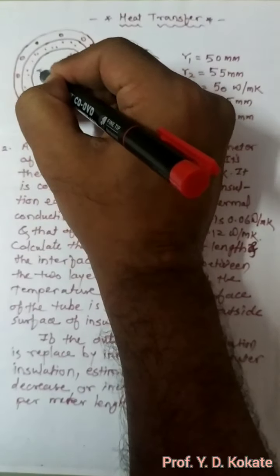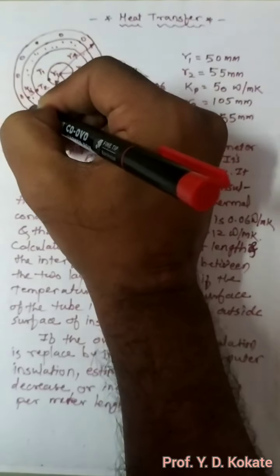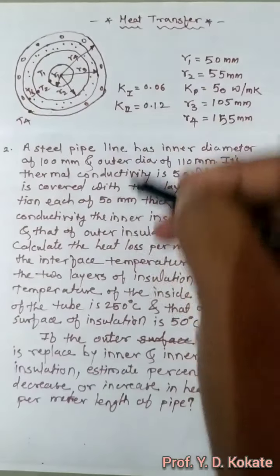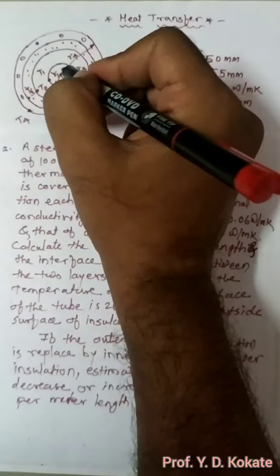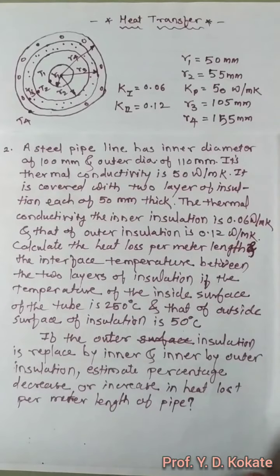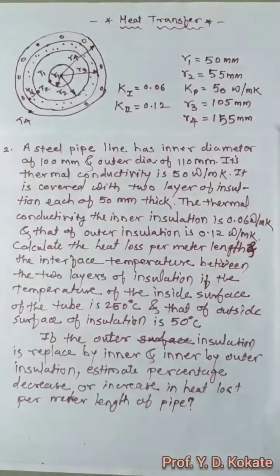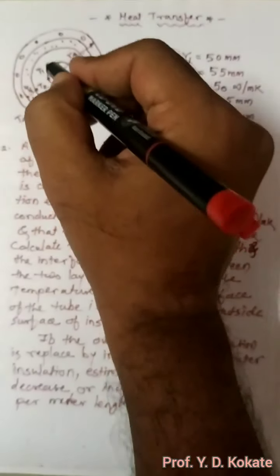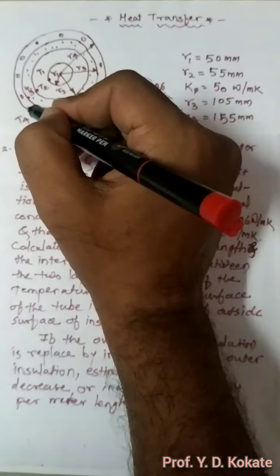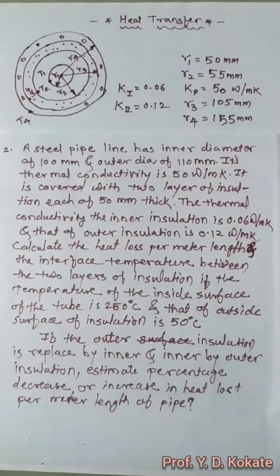This is your T1, this is your T2, this is your T3 and this is your T4. Now they have not given the center temperature and the atmosphere temperature, so convective thermal resistance is absent or we want to neglect it. Always remember that if h is not given and temperatures are not given, then we have to neglect it. They have given the temperature from the surface of the pipe to the outer surface, so we take only that much of resistances. Always remember, this is very important.